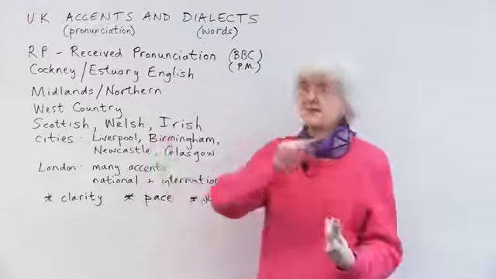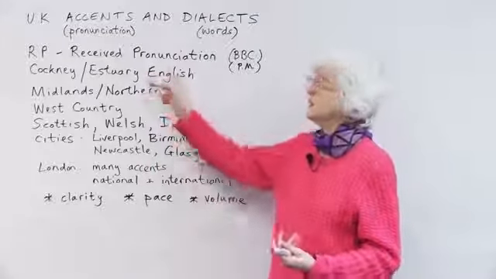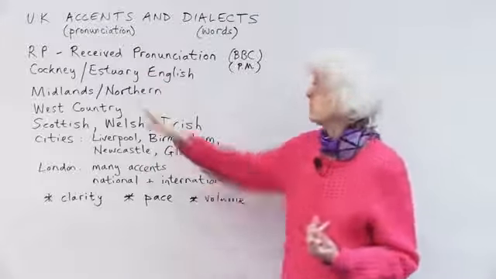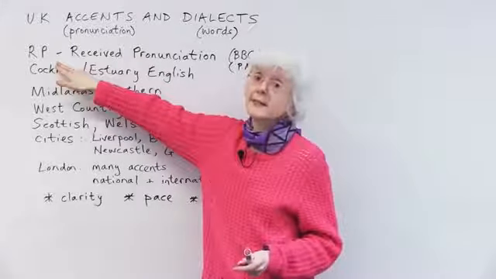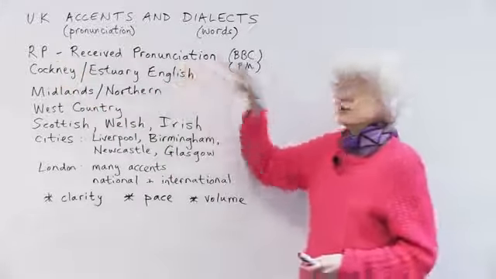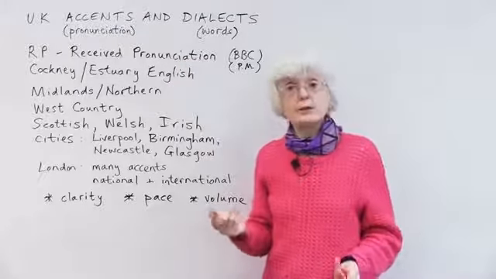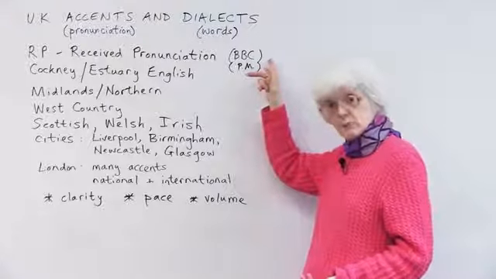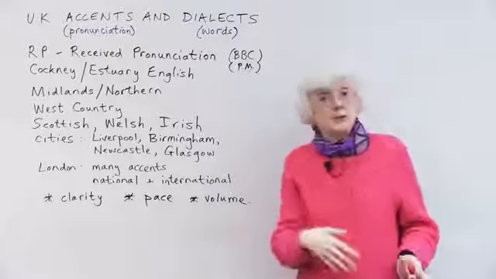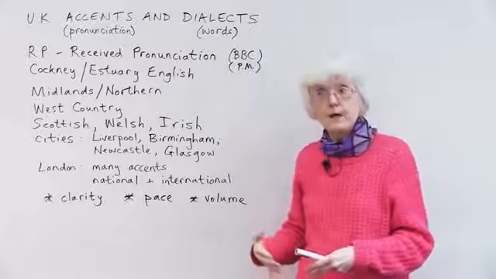This is how to say this word. It's a slightly strange expression, but RP, it's usually referred to by the initials. And it's the kind of accent you will hear if you're watching BBC television programmes or listening to BBC radio.